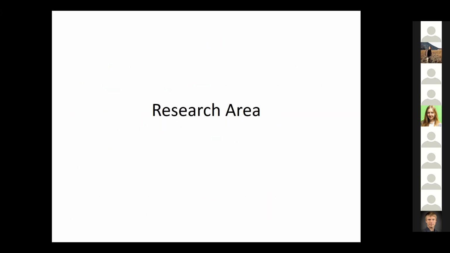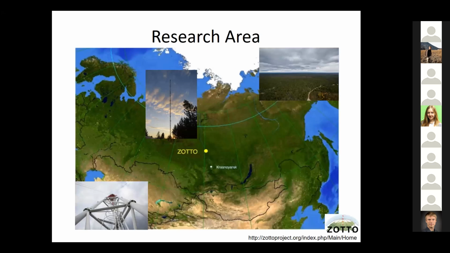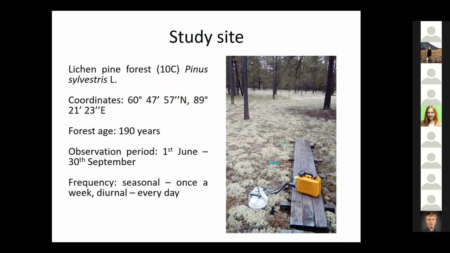Our study area was like a geographical center of our country. It's middle taiga forest, and we did our research at the station called POTPO. It's an international project with the Max Planck Institute, Germany. So the study site was located in the lichen pine forest.